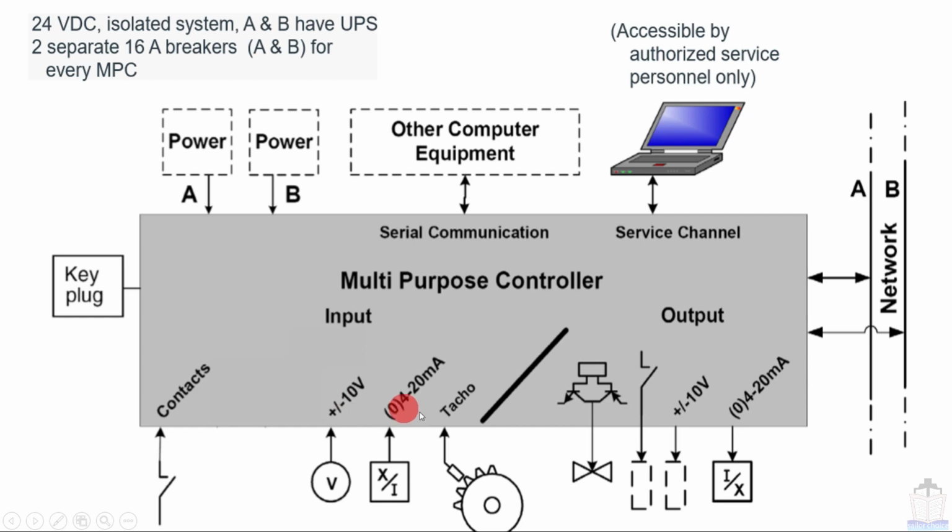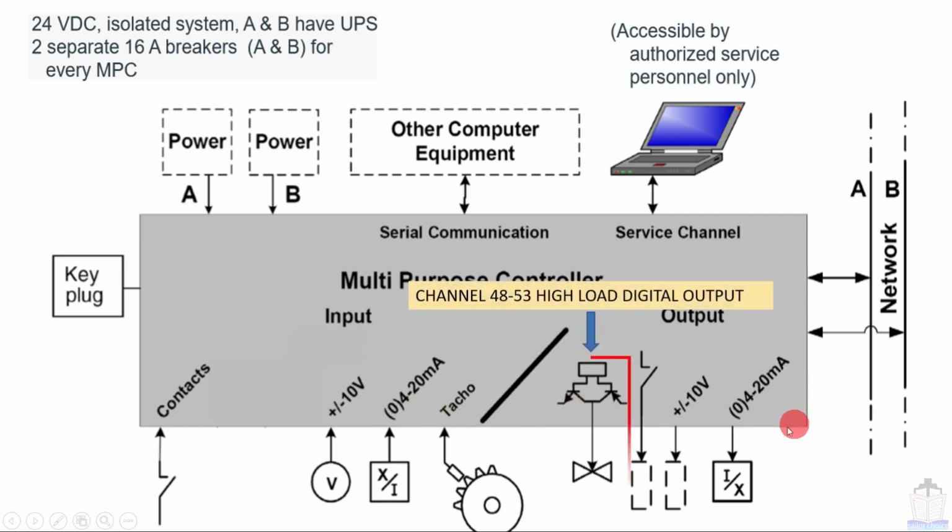Now moving to our output section. The first output shows channel numbers 48 to 53, high load digital output. That means if you want to operate any solenoid valve or any IP converter, then you need a high load digital output, which is driven by channel numbers 48 to 53, and the symbol is like this.